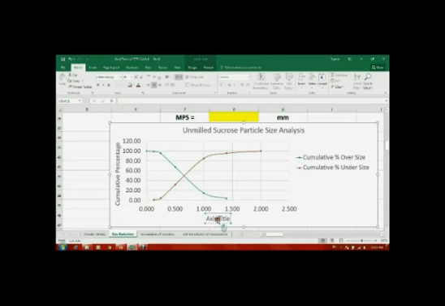And the 50th percentile is, by definition, the same as the median particle size.